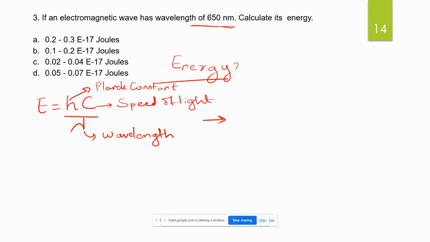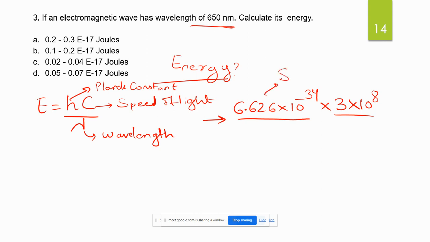So, if we put our constants in formula, then h is 6.626 into 10 to the power minus 34, and then c is 3 into 10 to the power 8, that is in meter per second. So lambda also, as we have taken this both in SI units.